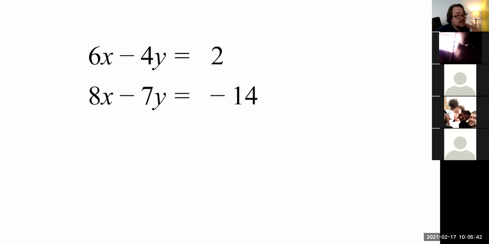So let's get the obvious wrong answers out of the way really quick, kind of going through that same process we used on the previous one. Look at my X's. Does 6 go into 8 nicely?